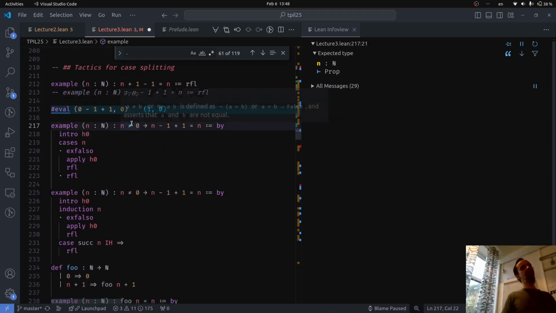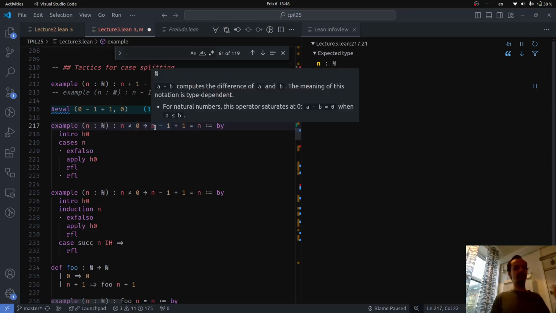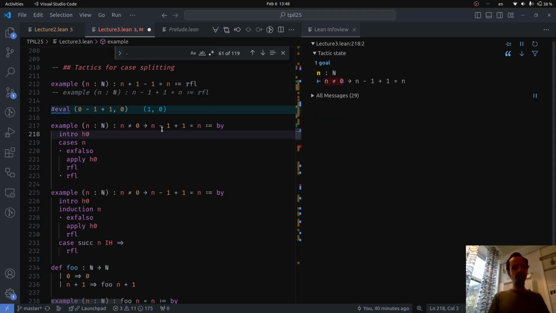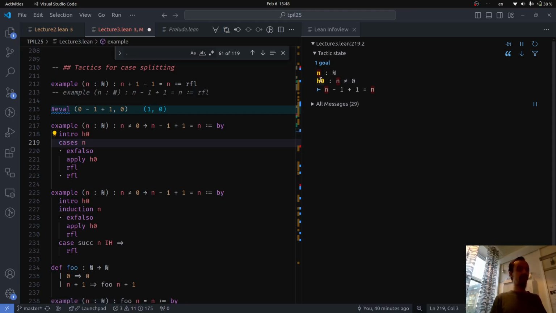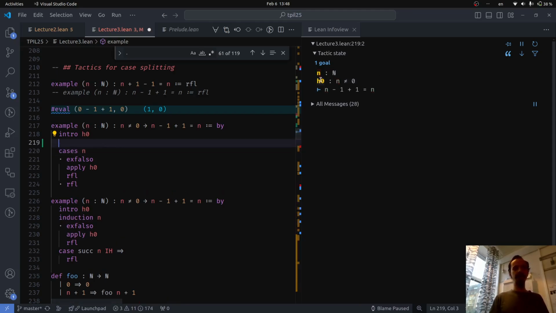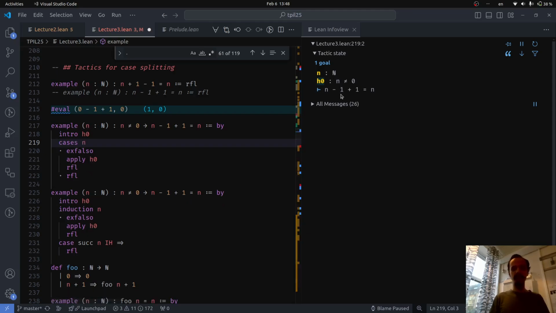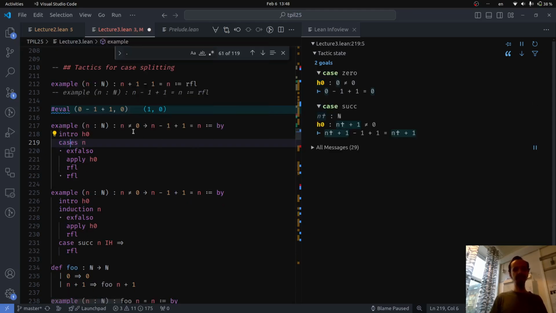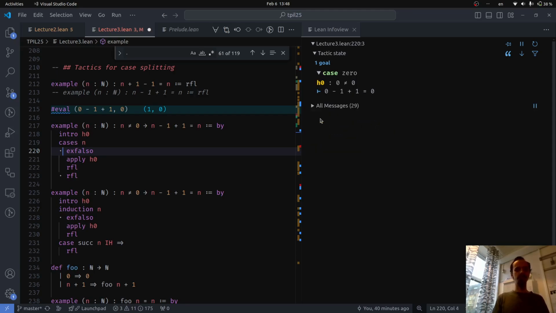But if n is not 0, then it is the case that n minus 1 plus 1 is n. So let's try to prove that. First I'm going to introduce this hypothesis that n is not 0. And then I call the cases tactic. The cases tactic is going to split n into the two possibilities. One of them is 0, and the other one is n plus 1.